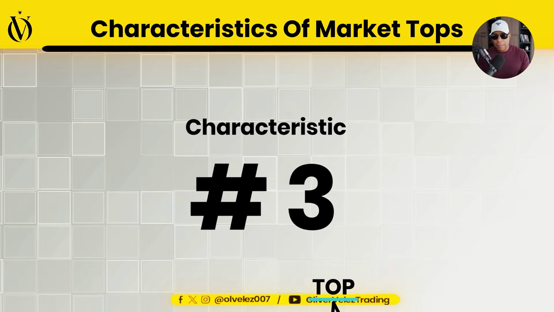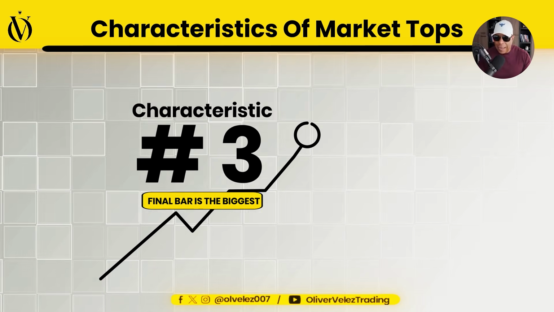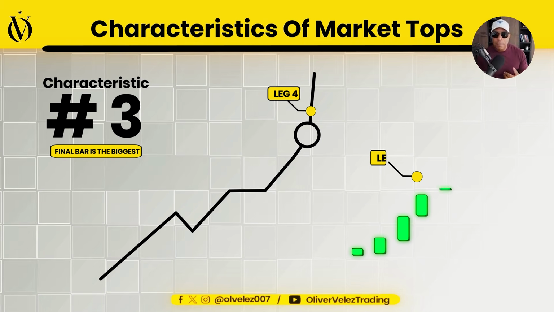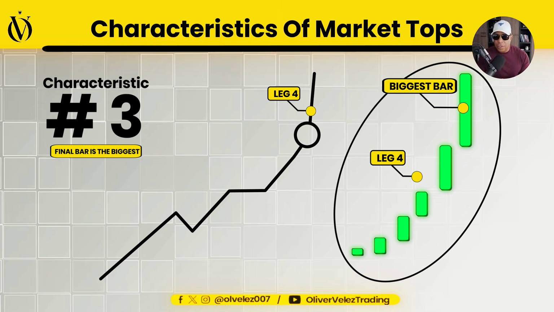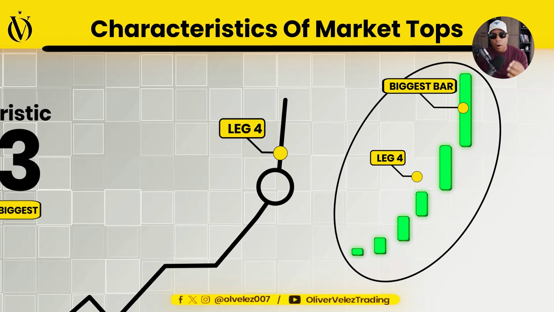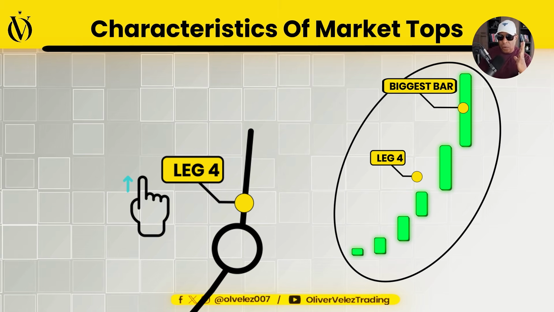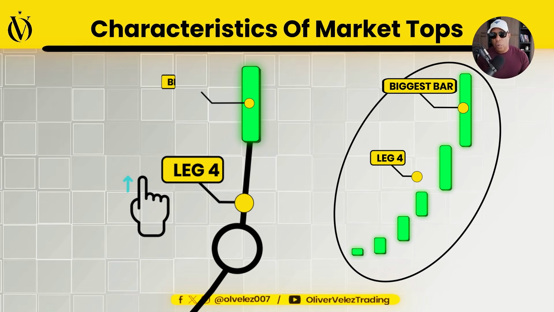The third characteristic is that out of this last run up, the most recent bar is the biggest bar of the entire run. So not only is leg 4 the most vertical, inside of that vertical run up, the most recent bar is the biggest one of all.